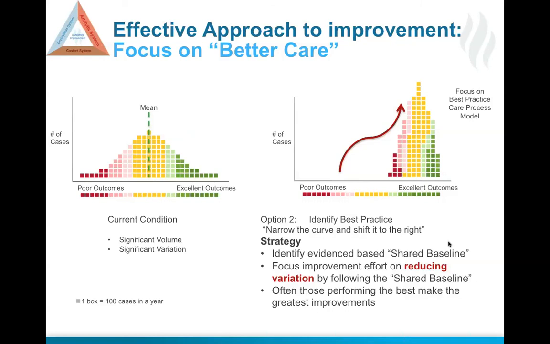It's not that we will mandate that care be delivered in a specific way, but for the typical cases, we'll want to create a shared baseline for what should happen most of the time. That's where we use those knowledge assets that we described in the content system. So we'll tighten the curve, we'll get more consistent about using those best practice guidelines, and then we'll shift the curve towards excellent outcomes.